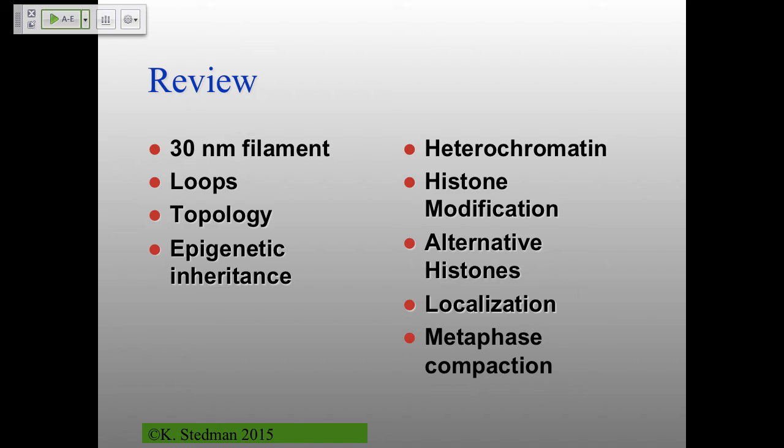So if you think about where you have trimethylated lysines, usually leading to some kind of inactivation of that part of the chromosome, what's that inactivation usually due to? It's the formation of heterochromatin.